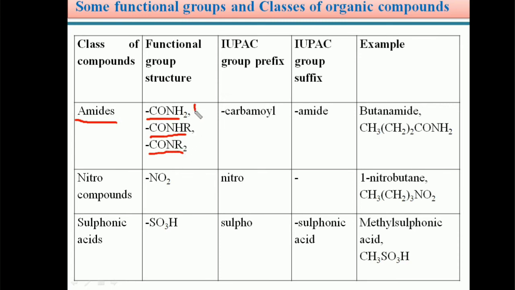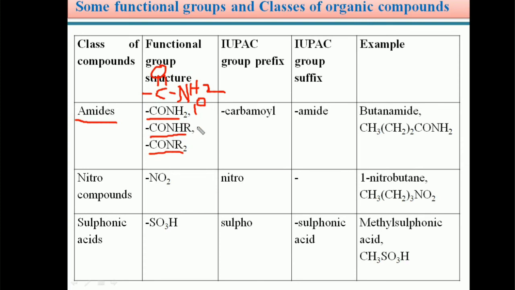This is a primary amide, because here nitrogen is connected with 1 carbon only. Its structure is C double bond O, NH2. Here nitrogen is connected with 1 carbon.